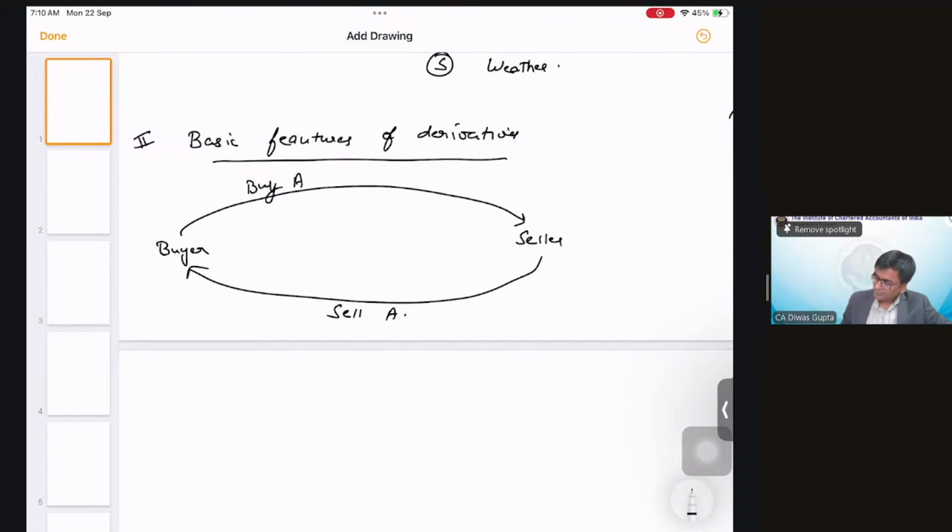So we discussed above that A was what? A was the derivative and B was the underlying. Correct? This is what we have discussed above.